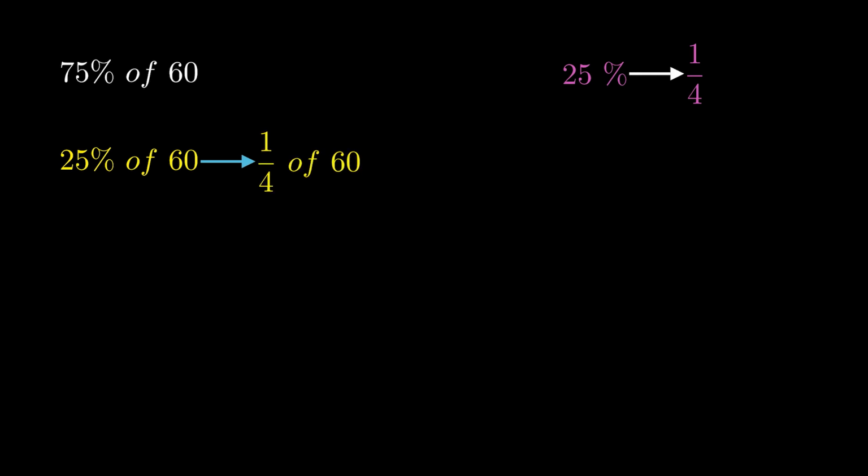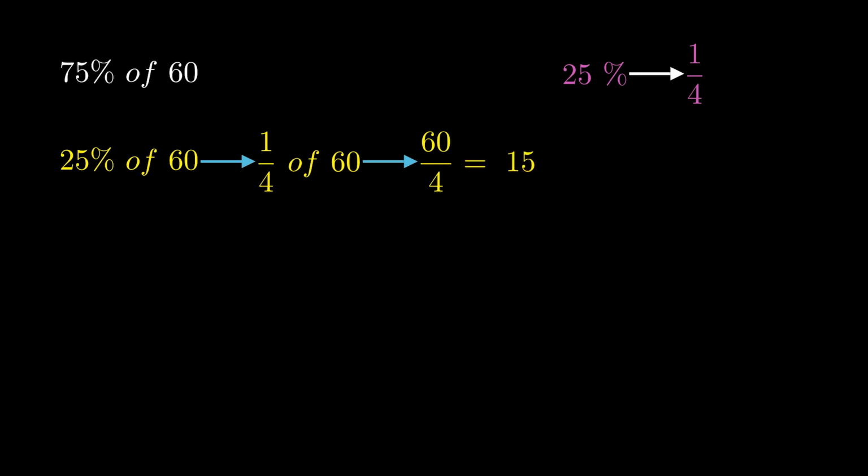Suppose I want to find out what is 75% of 60. What will I do? I'll fall back to my logic. What all things do I know for sure? I know what 25% is, right? 25% is nothing but 1/4. So what is 25% of 60? 1/4 of 60. What is 1/4 of 60? 15.